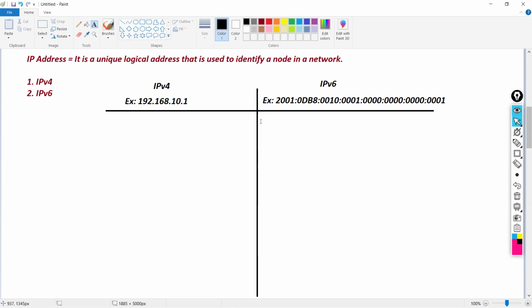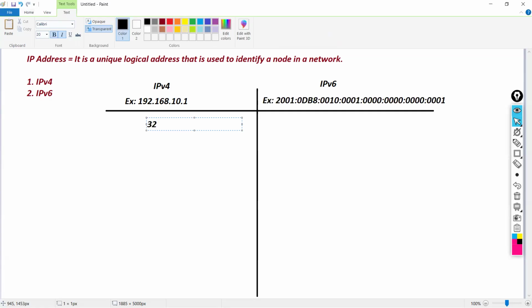We are going to dedicate one session to IPv6 itself, where we'll study from scratch to the routing part. One of the differences: what is the size of IPv4? 32-bit, and IPv6, 128.